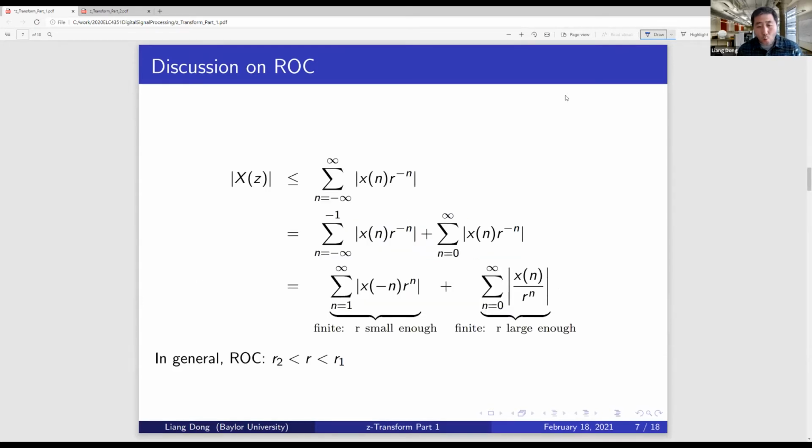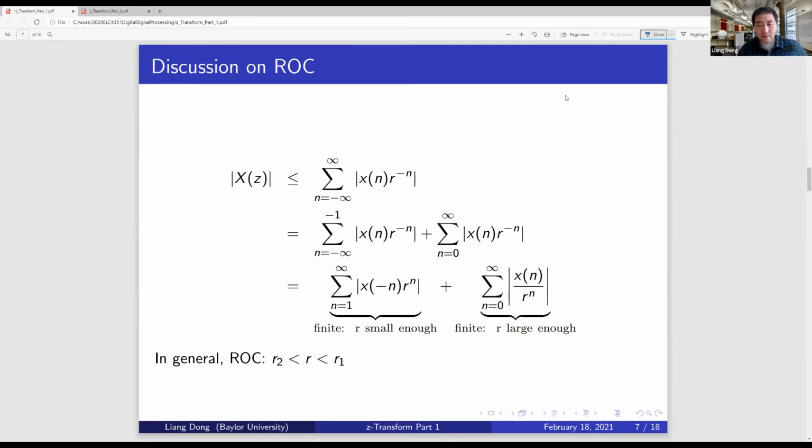Okay. When will that be absolutely summable? We know X(z) is already less than or equal to this, right? We get rid of the phase exponential term, so we're less than or equal to this. The summation variable n is from negative infinity to infinity.